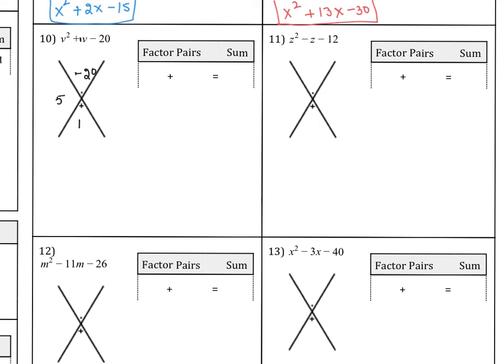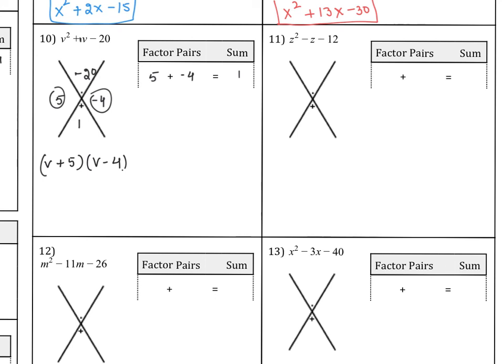So those are negative 4 and 5. So 5 minus 4 is 1, and you're going to make factors of the numbers. That is going to be v plus 5, v minus 4. You will check by foiling if you get the same as above.